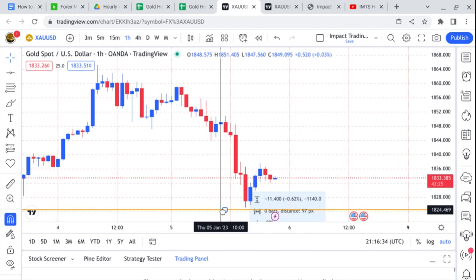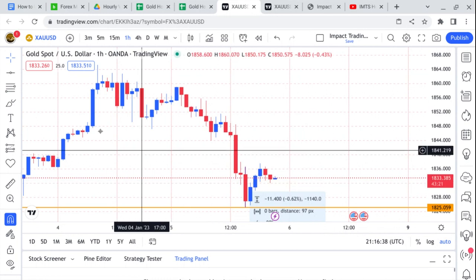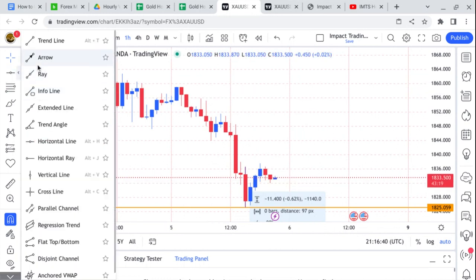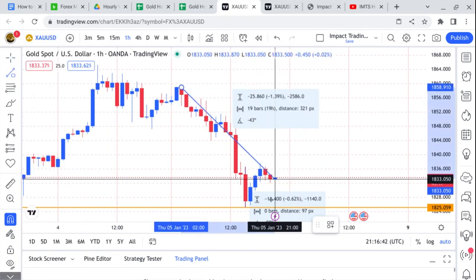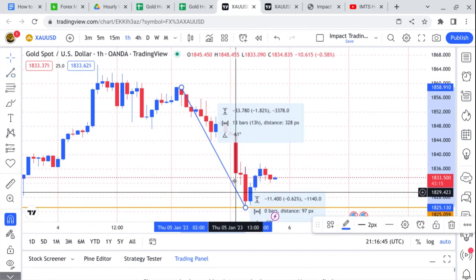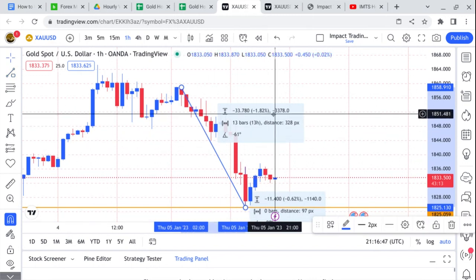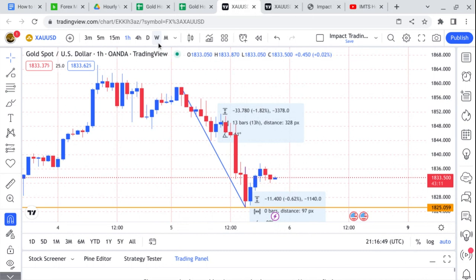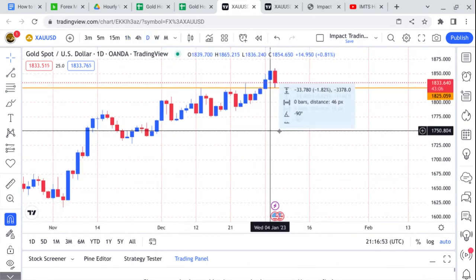Now, when you combine that data with the daily move, we have a daily move of, at that point, 3,000 pips. So if we look at the previous days, that's at the high end of a daily move.